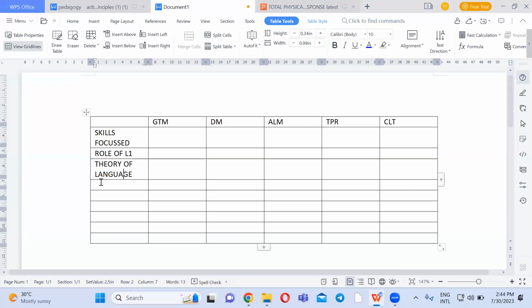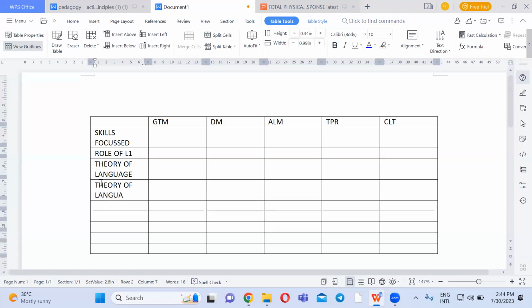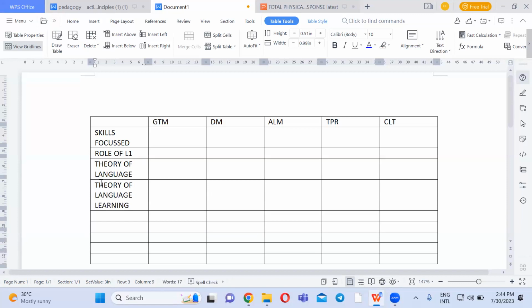Theory of language learning. Then you can put techniques. Then you can put material used.